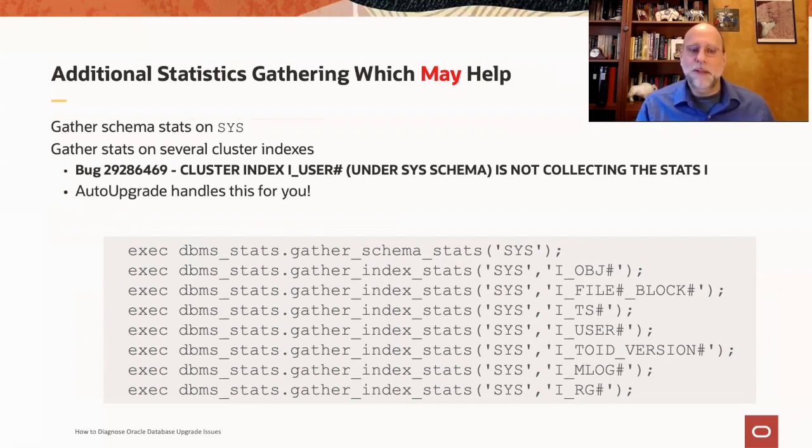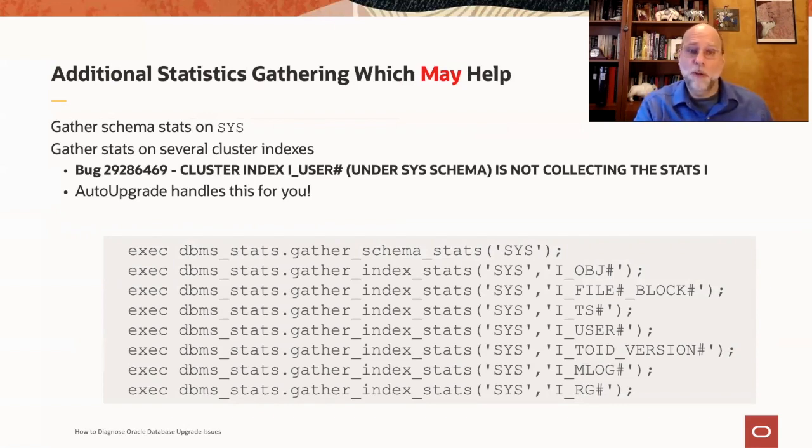The reason for these cluster indexes being important is that they're on some of these very important tables like OBJ$, USER$. And what I found a couple of years ago was that there was a bug under which cluster indexes were not having their stats gathered when you gather dictionary stats, or even if you gather schema stats on SYS, or even if you gather stats explicitly on the tables where those indexes are.